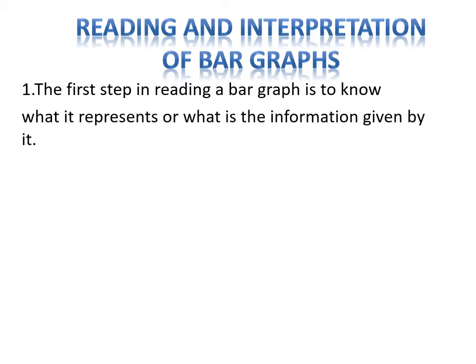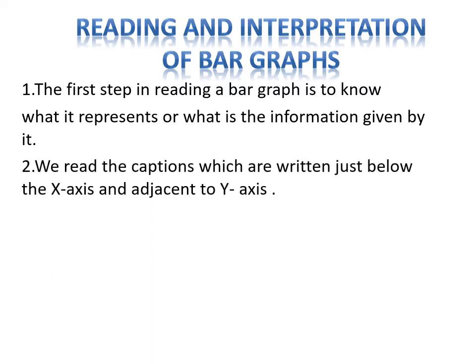The first step in reading a bar graph is to know what it represents, or what information is given by it. We read the captions which are written just below the x-axis and adjacent to the y-axis. In the previous bar graph, on the horizontal line we had written the years, and on the vertical we had written the number of students.